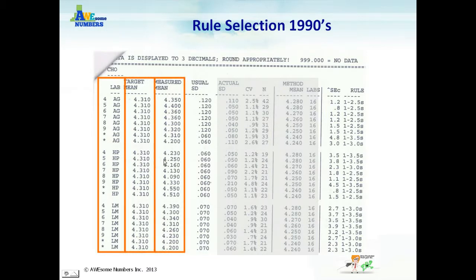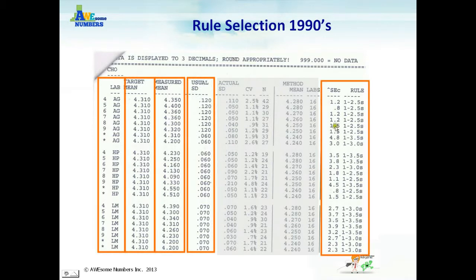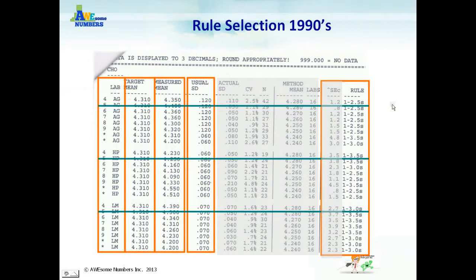We then measured the mean, we used a usual standard deviation, we calculated the critical systematic error, and based on that critical systematic error, we selected the QC rules. So in the same month, each lab was using a different QC rule to match their individual method capability.